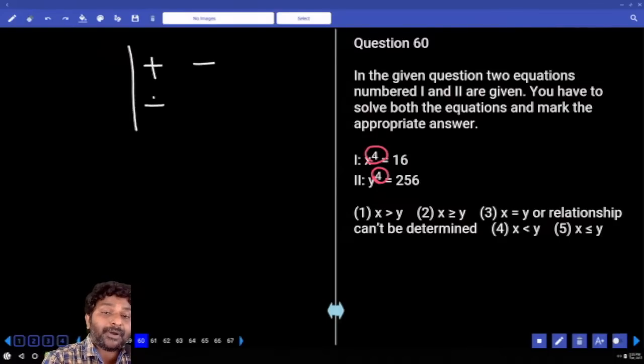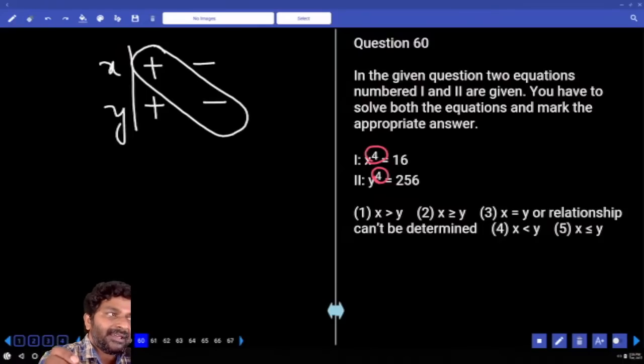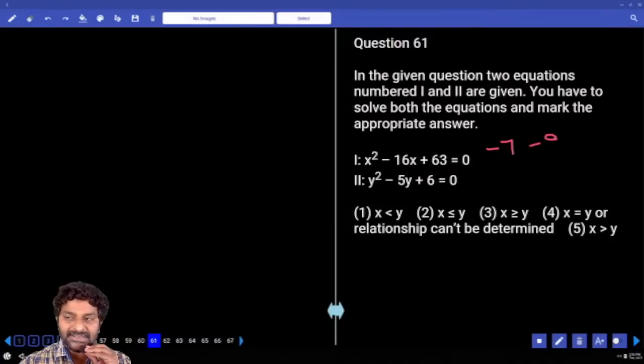Positive, negative. For x and y, if you get both positive and negative, the answer is no relation, because here you will get x greater than y and here you will get x less than y. Yes, right. Come on. 63, 7 9 times only. Minus 7 minus 9.